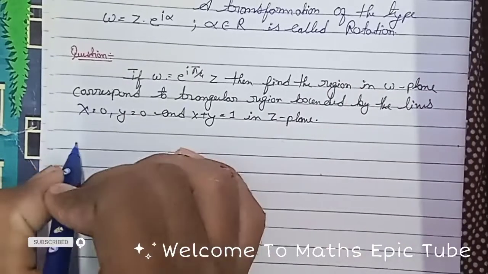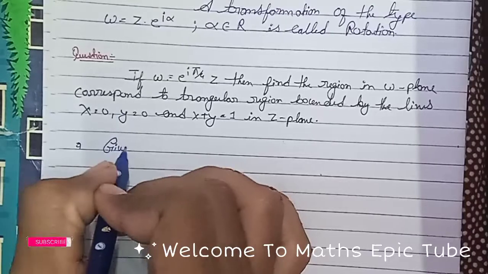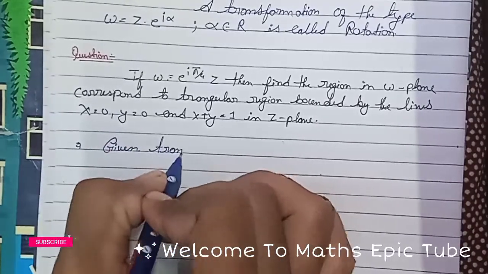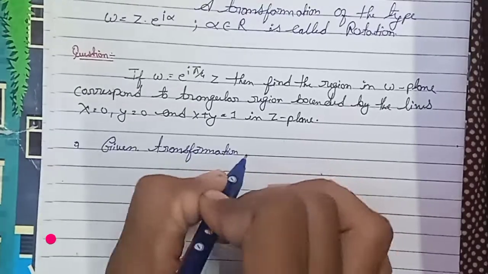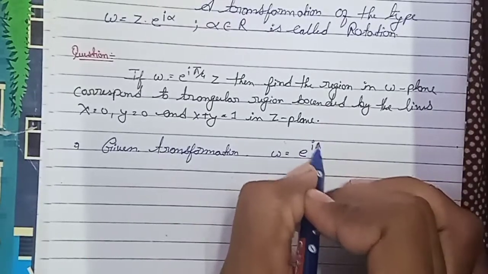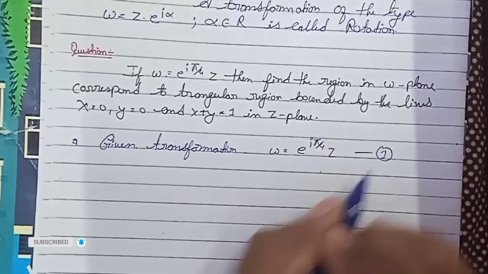First we write the given transformation: omega equal to e to the power iota pi upon 4 into z. Let us assume that this is equation first.